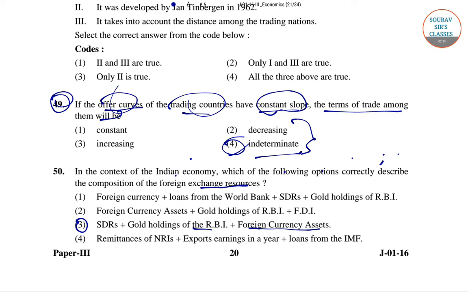We need to know that generally the foreign exchange reserve comprises 3 items: one is SDRs, another is gold holdings of the RBI, and finally foreign currency assets. So for question number 50, the right answer is option 3.